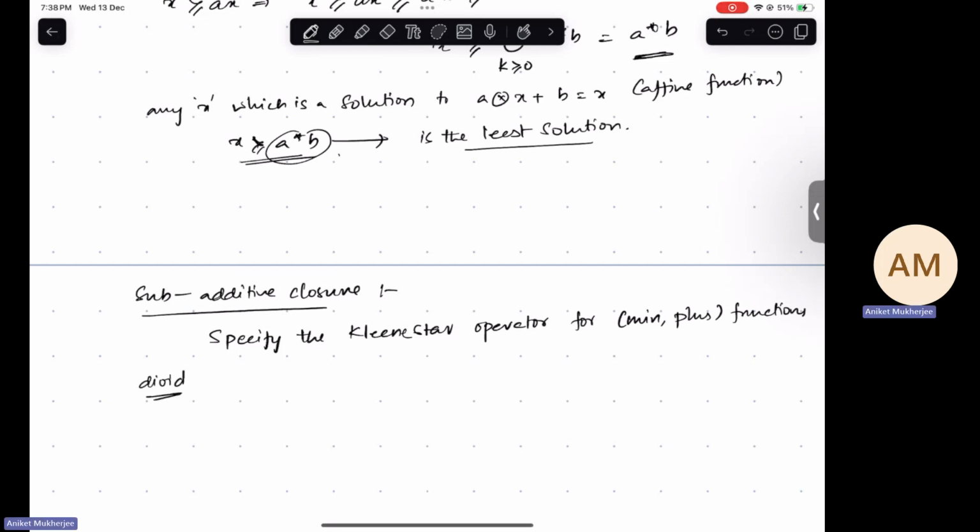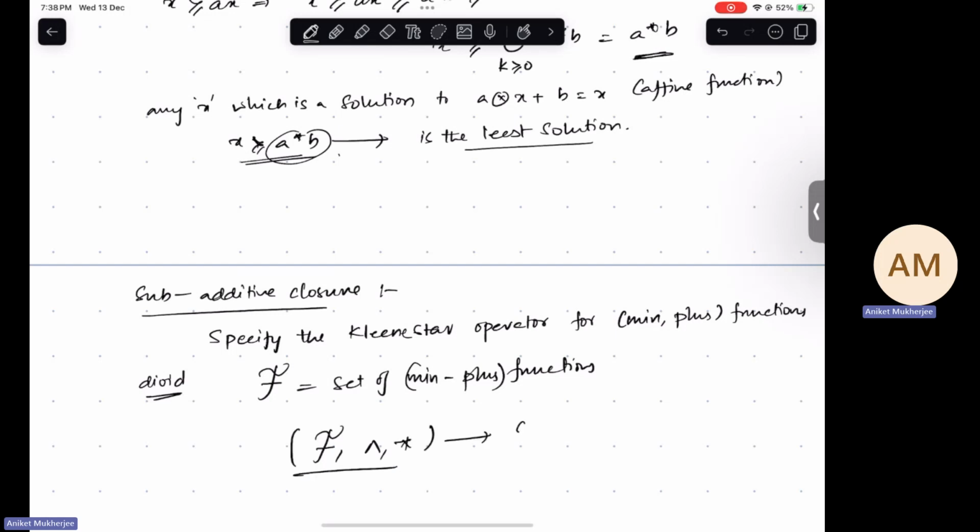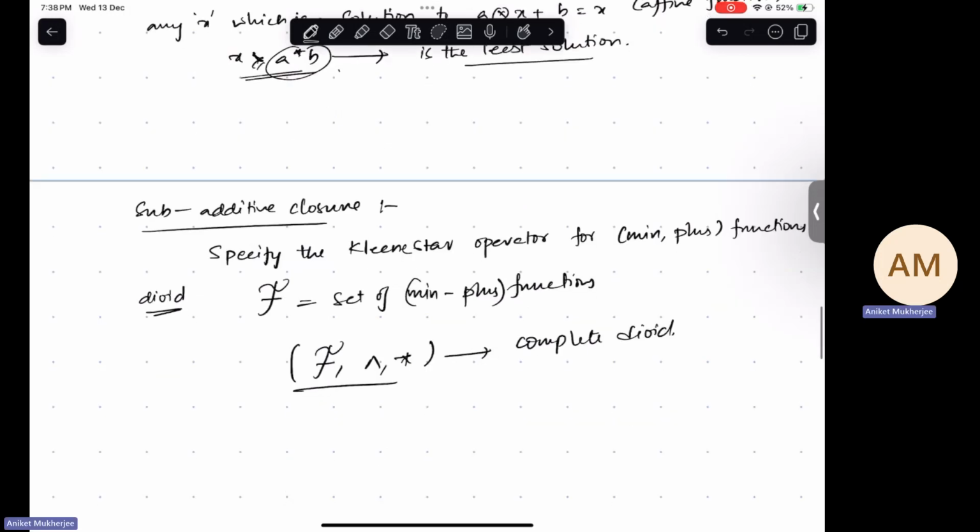We showed in the class that the set of min plus functions, which was denoted by F, is the set of min plus functions. And we showed that F, with pointwise minimum and the convolution operator, forms a complete dioid.